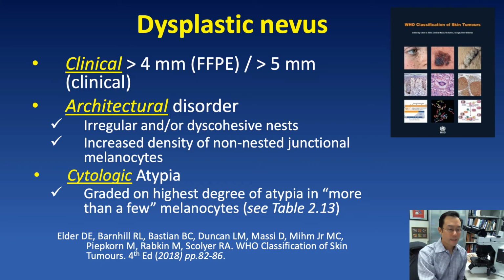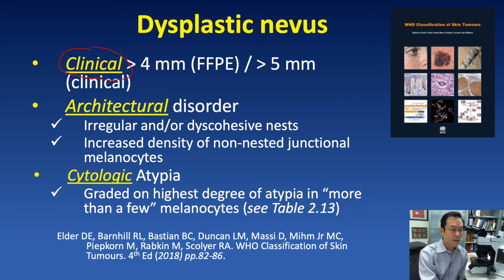I found the diagnostic criteria for dysplastic nevus in the current WHO classification to be noteworthy in several aspects. First of all, it includes clinical features in the diagnosis. So we like to see the lesions fulfilling the clinical criteria for an atypical mole or atypical nevus being at least 5 millimeters in diameter clinically, corresponding to at least 4 millimeters in diameter in a formalin-fixed specimen.